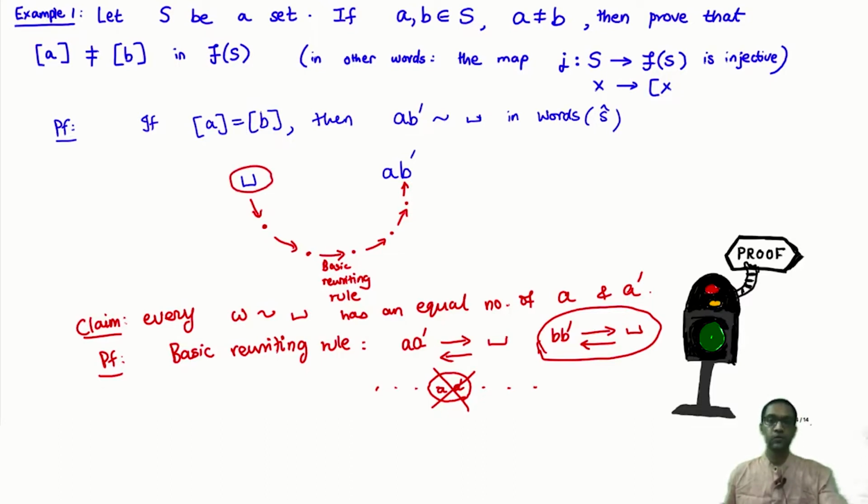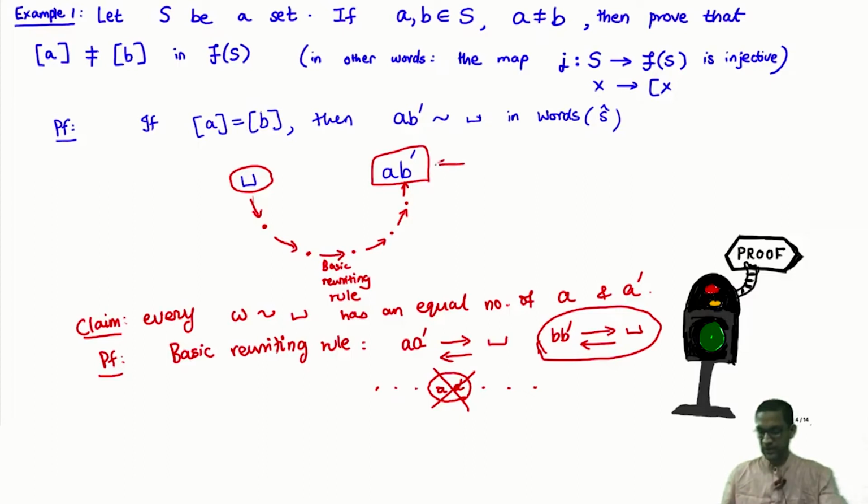So the key point here is that if you take the empty word, and no matter which of the basic rewriting rules you apply, and you keep applying them successively, every word you get has the important property that the number of A's and the number of A dashes in that word are equal to each other. That automatically implies that in this chain you cannot finally end up with the word AB prime. Why?